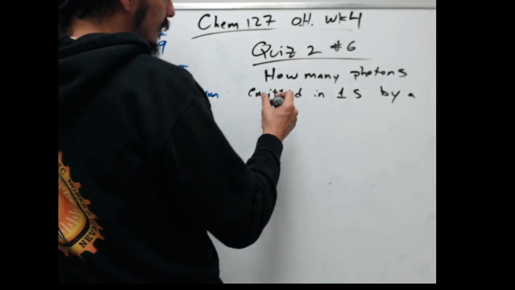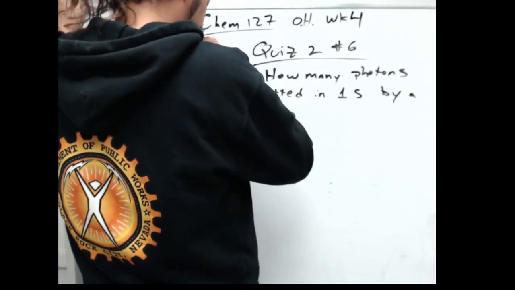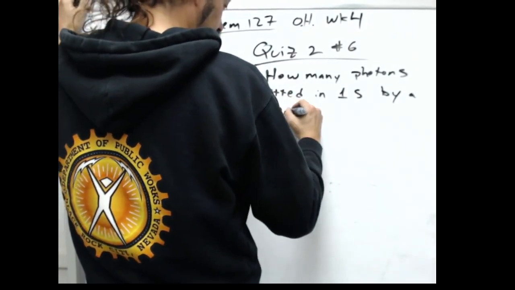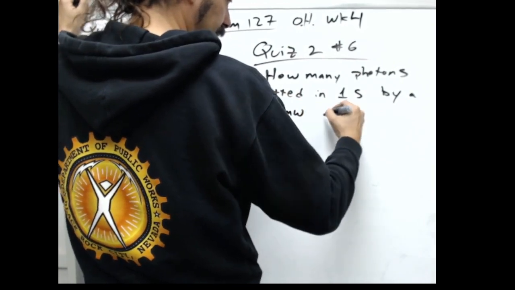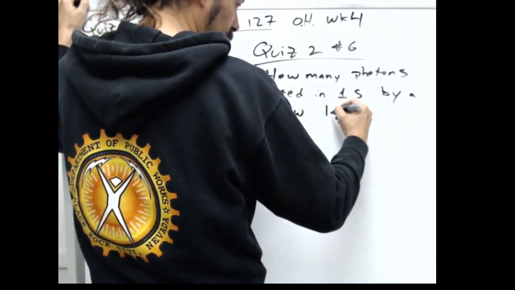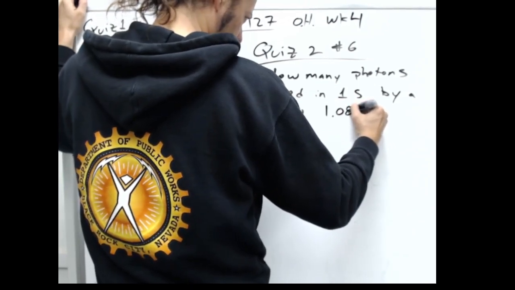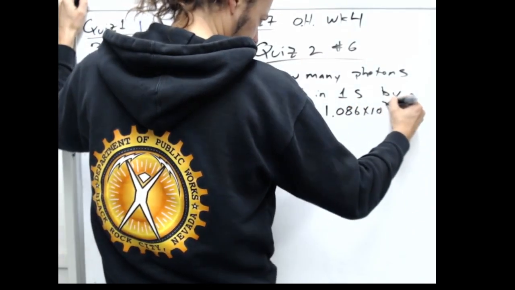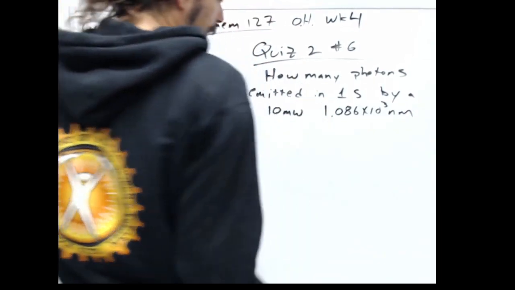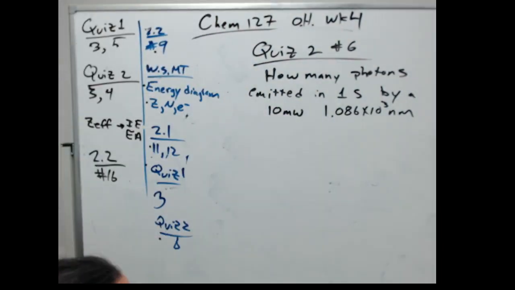It was 10 milliwatt, 1.086 times 10 to the third nanometers. Okay. So, how many photons emitted in 1 second by that source.